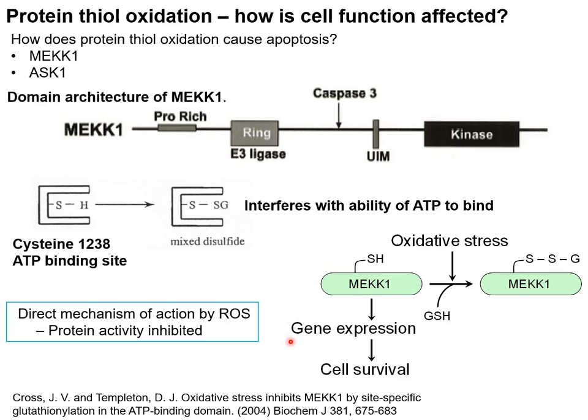That would lead to gene expression and then the production of proteins that were involved in protecting the cell or keeping the cell alive. What happens in an oxidative stress event is because that cysteine residue is oxidized, MEKK1 can no longer phosphorylate its protein substrates, which means that you lose a cell survival signal. And that tends to tip the balance towards cell death by apoptosis.